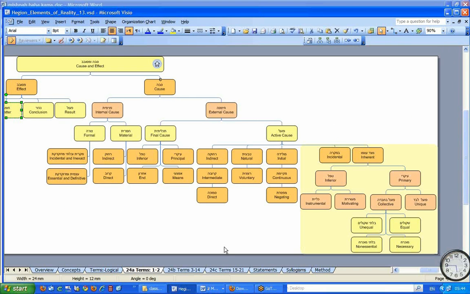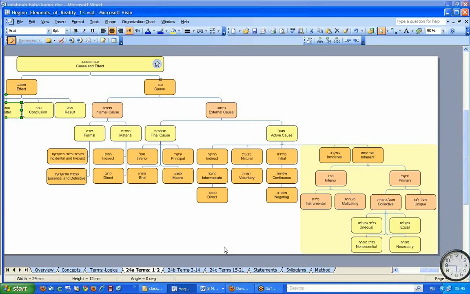We're going to play now, so it's okay. Let's say the Shor. When a Shor does damage, let's start from the top and work our way down. It's an external cause, the chitzonit.